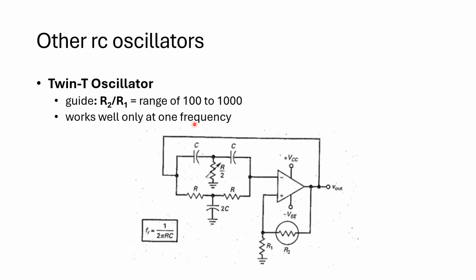So we have twin T oscillators. We have positive feedback to the non-inverting input, with the feedback circuit, or the voltage divider circuit, going to the non-inverting input, while the negative feedback is through our twin T filter.